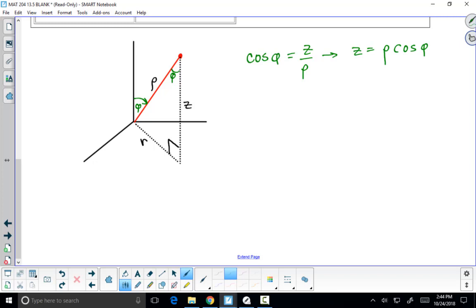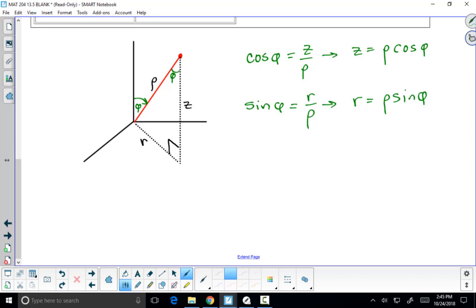We can also look at sine of phi. Sine of phi is opposite over hypotenuse, so that's r over rho. And so then we can get that r is equal to rho sine of phi. So those are our two equations that we are going to use to convert.